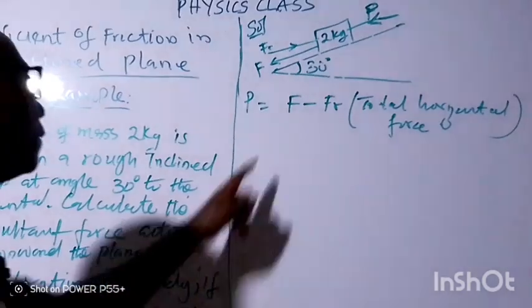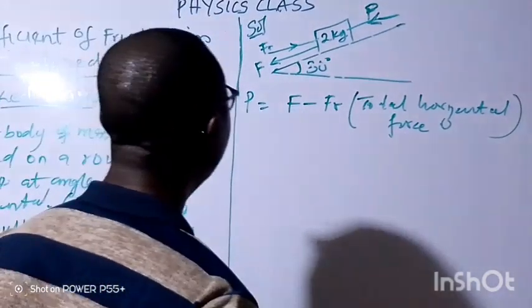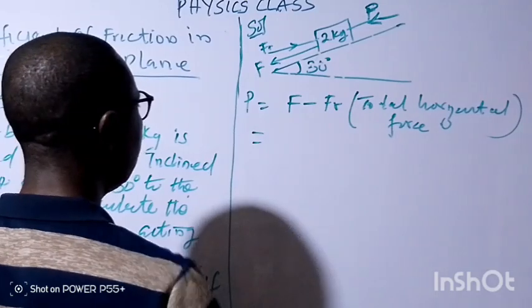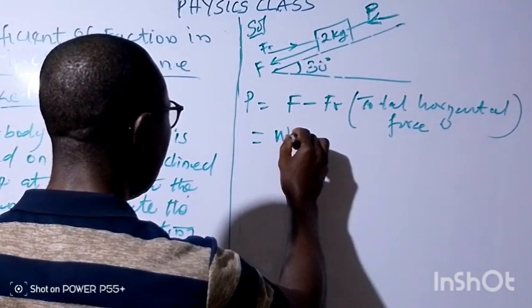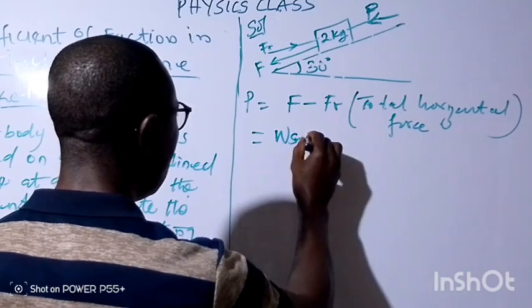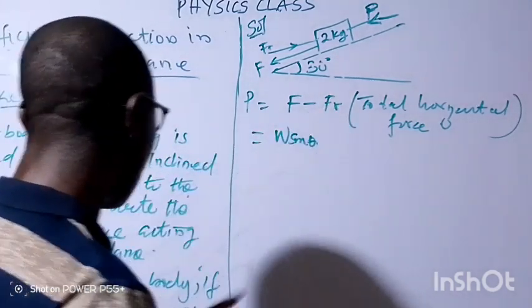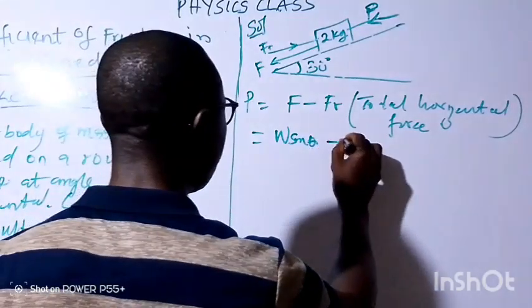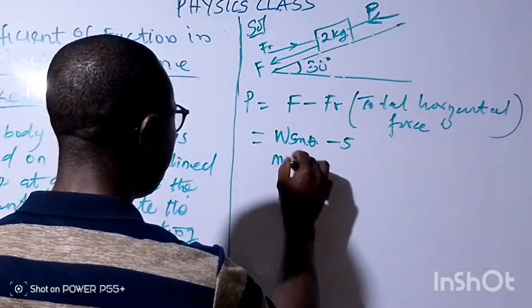Don't forget the magnitude of this, our F, is W sin theta. Then the frictional force is given, that is minus 5. So we are going to have mg sin theta minus Fr.